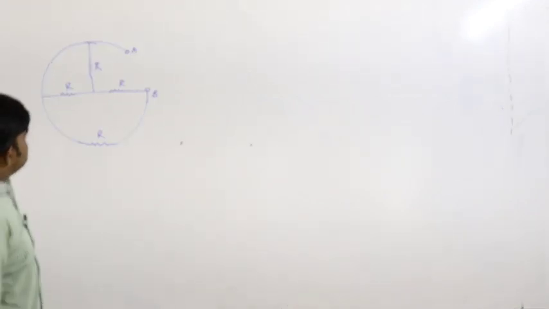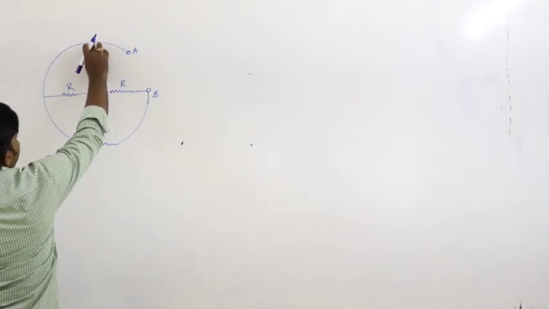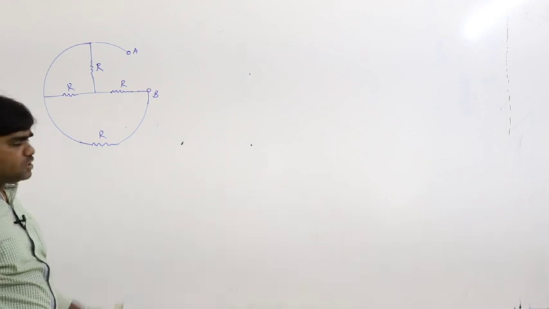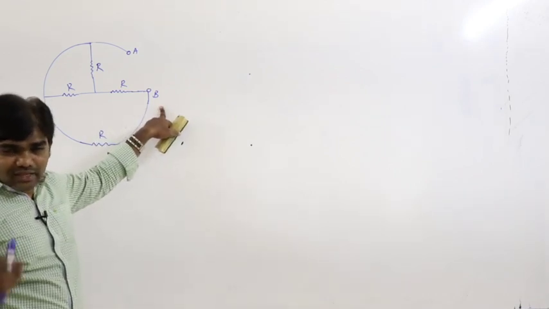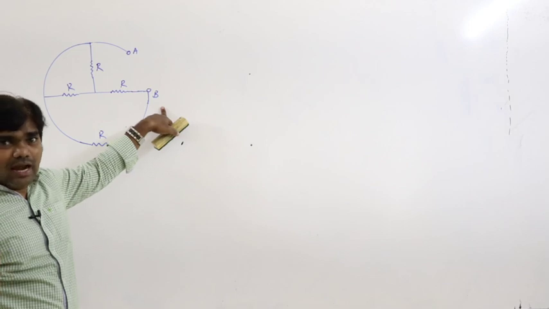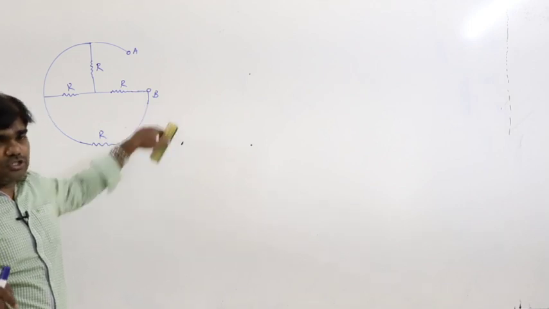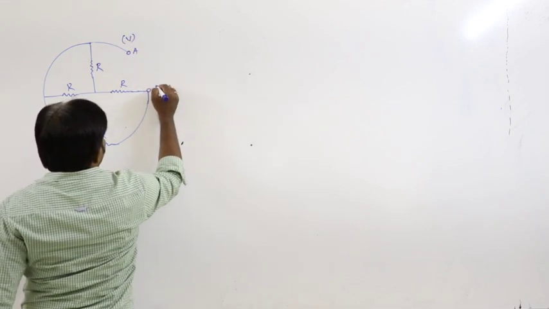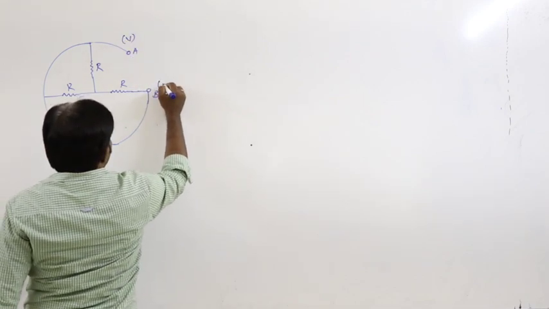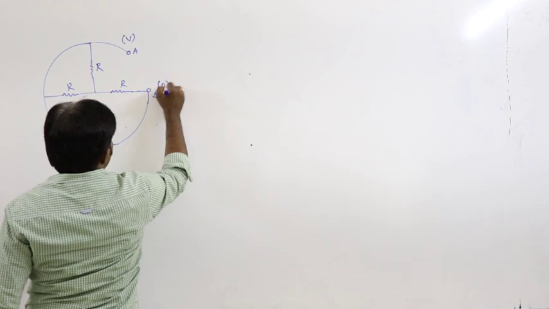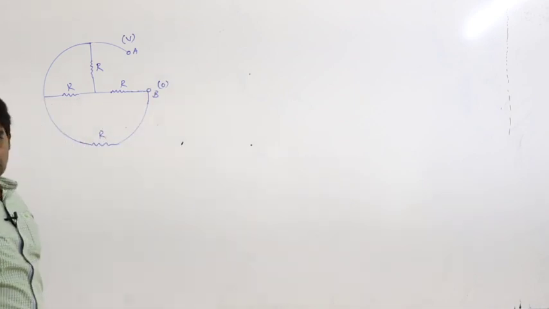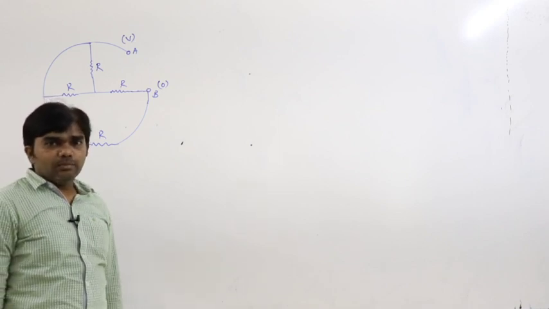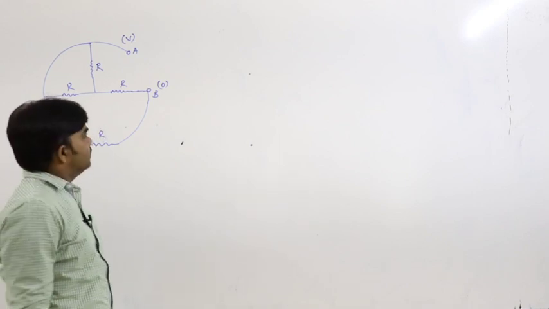See here, let us say A is at the high potential and B is at the low potential. Let us say the potential at the point A is V and potential at the point B is 0.